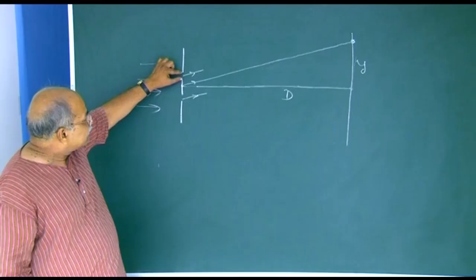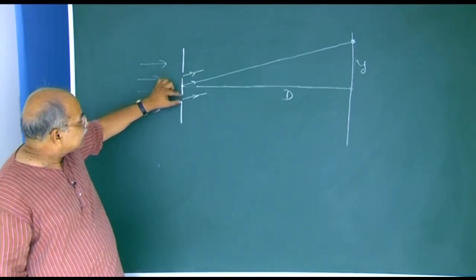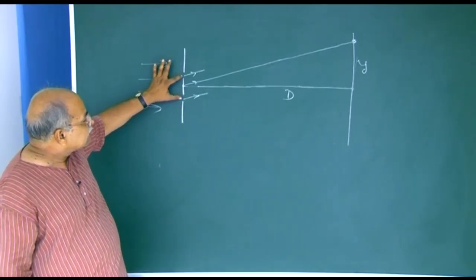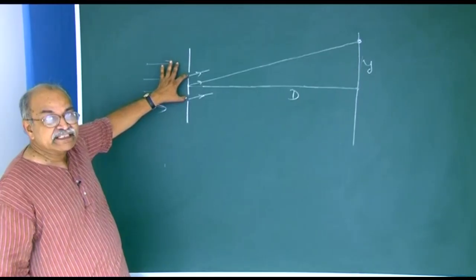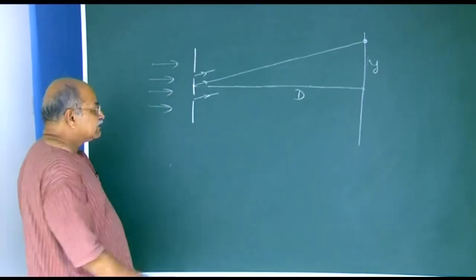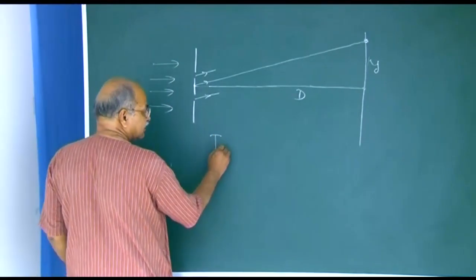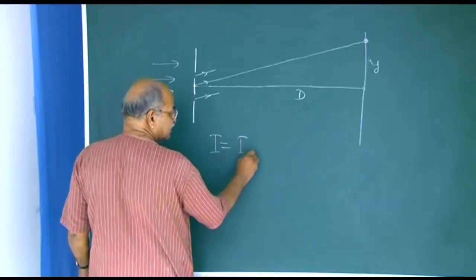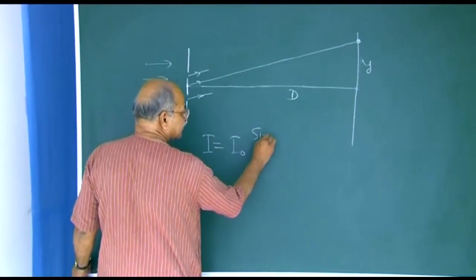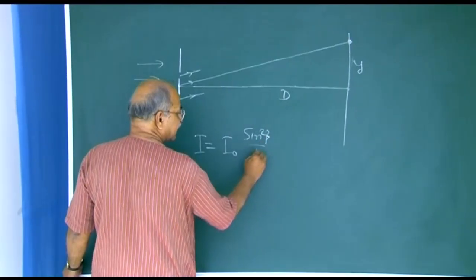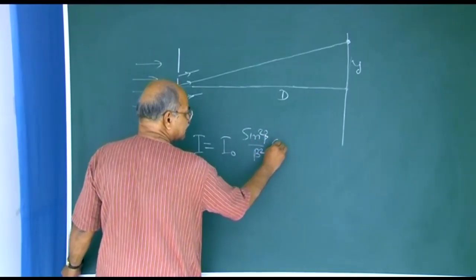One is the width of the slit, this one, and then the separation of the slits, and it is given by I is equal to I naught sine square beta over beta square cos square gamma.